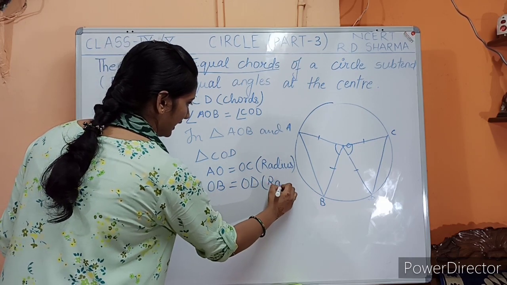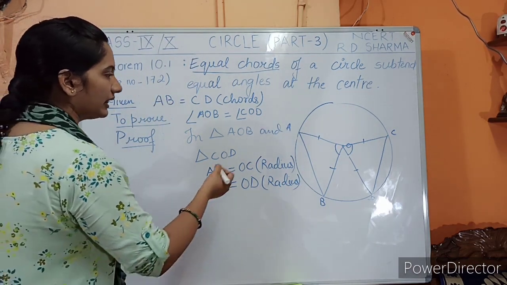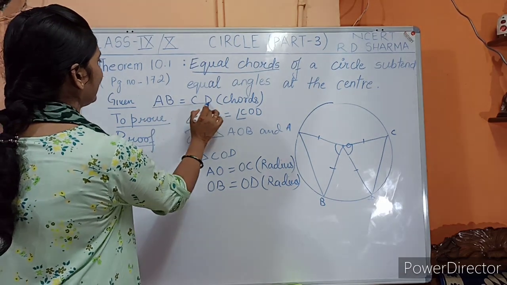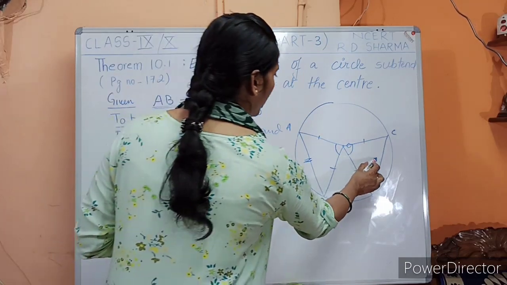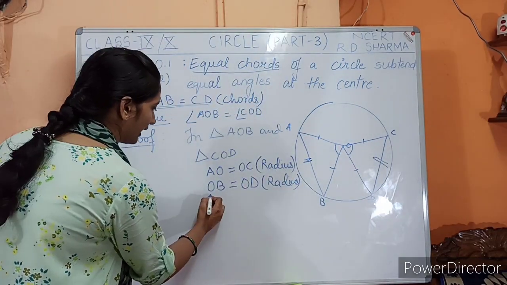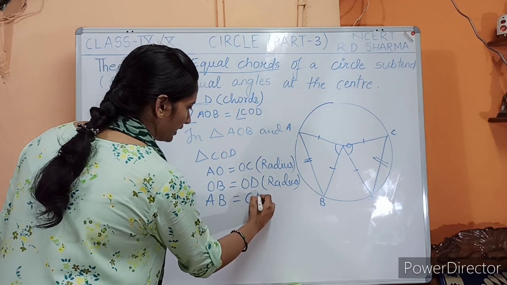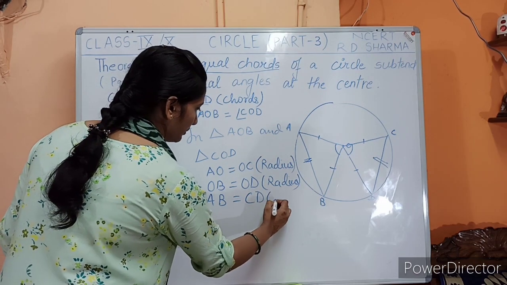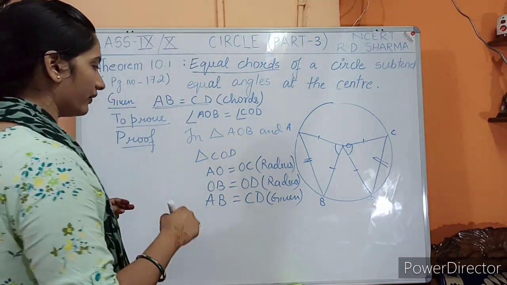Again, this is the radius. We know that the radii of the circle are equal. The third we will take from here, as it is already told that the chords are also equal. So we can write AB is equal to the chord CD, because this is given to us in the theorem.